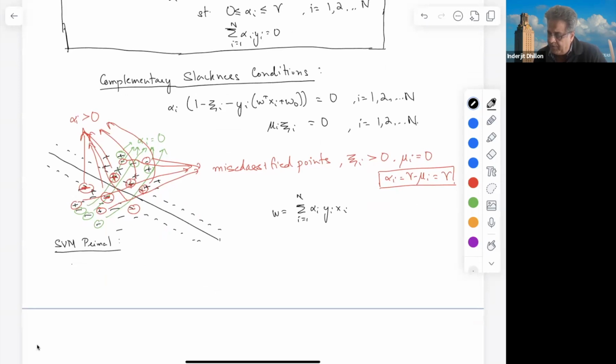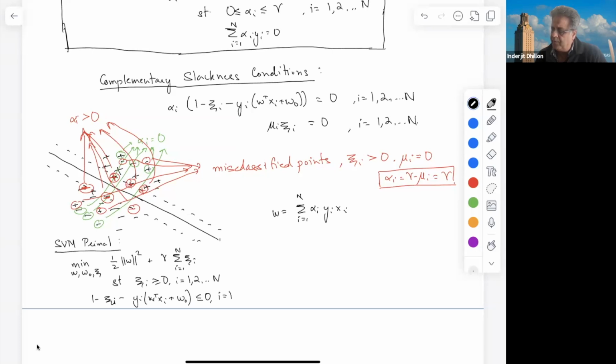So the SVM primal is: minimize over w, w naught, and psi, half of w squared plus gamma summation of psi i, i equals 1 through n, such that psi i's are greater than or equal to 0, i equals 1 through n, and 1 minus psi i minus yi times (w transpose xi plus w naught) is less than or equal to 0, i equals 1 through n. So that's my SVM primal.